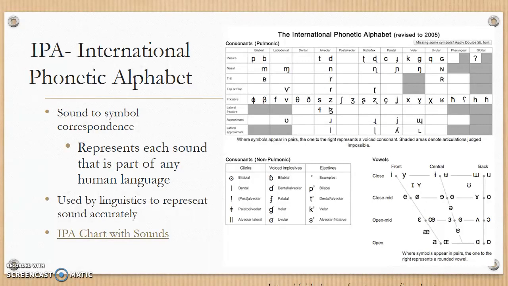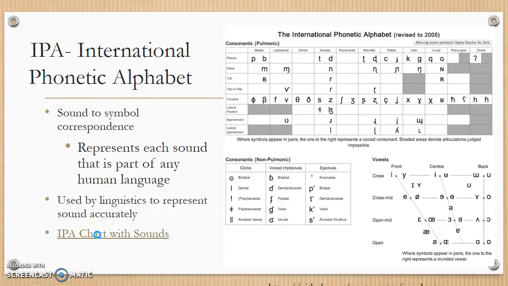Not all languages include all sounds represented here. English doesn't use a click system. Different languages use different sounds, but the way to organize it so that no matter what language we're talking about, we're using the same sound representation, we use the IPA. It's used by linguists to represent sound accurately.